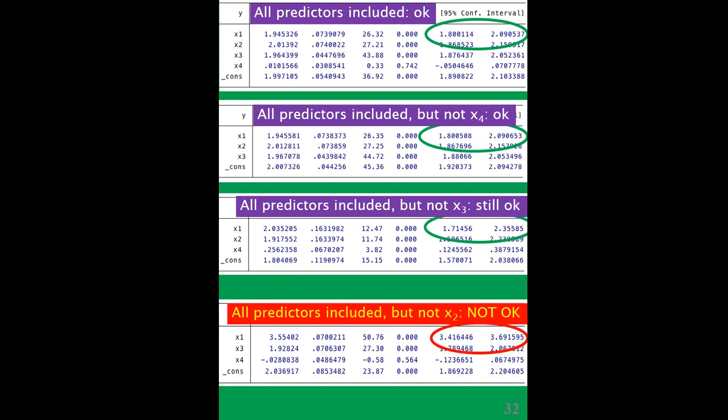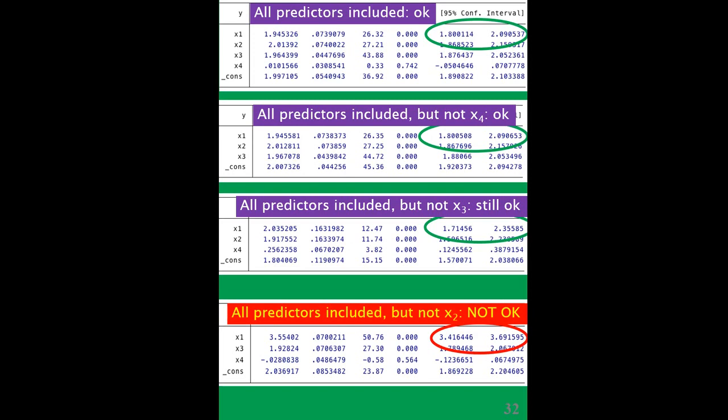So let's see. And here we have the results of 4 different regression analyses. Let's first look at the one on the top. I'm predicting y from all the variables there, so I'm exactly using the right model, because I created it in such a way that x1, 2, 3, and 4 are indeed predicting y. Now let's look at these confidence intervals.